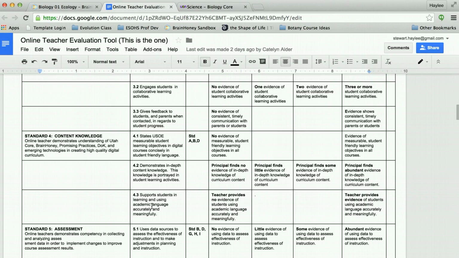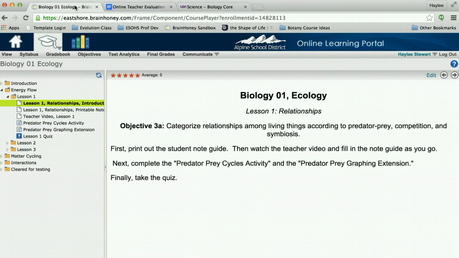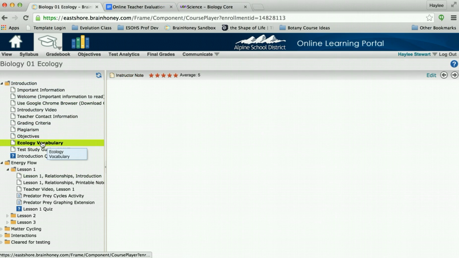4.3 says supports students in learning and using academic language accurately and meaningfully. This is especially important for me in science and biology because there is a lot of new vocabulary. So for me, I support students by giving them a vocabulary sheet a lot of the time.